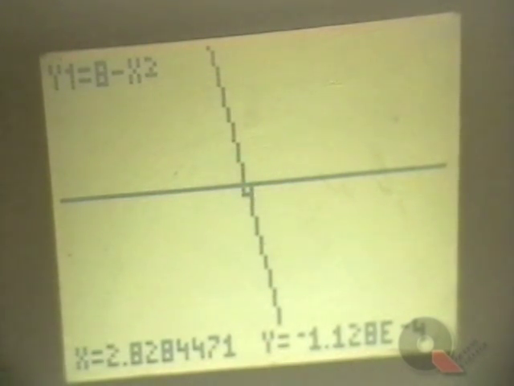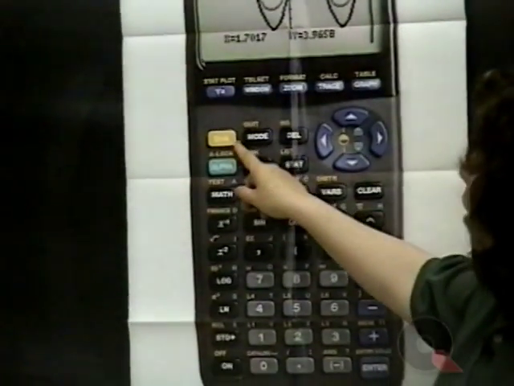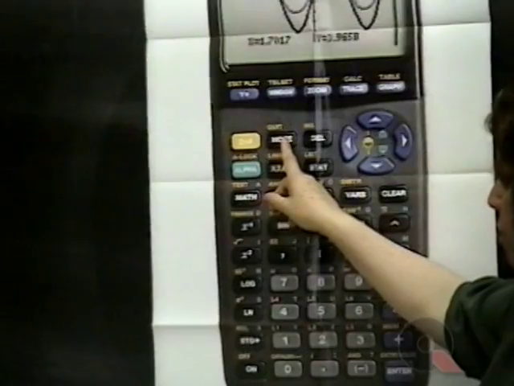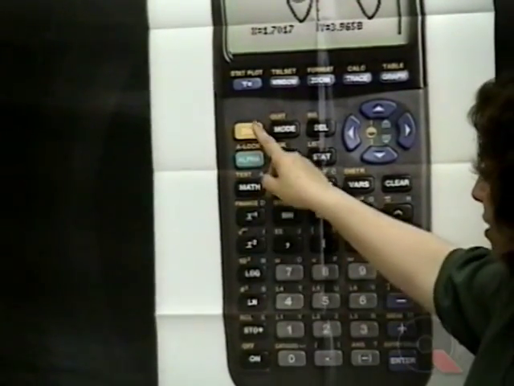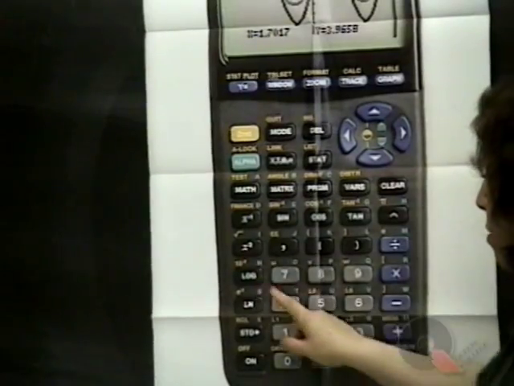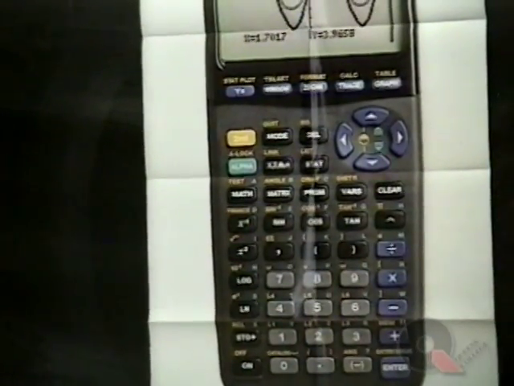Let's look down here. If I want to go back to the home page, I'm going to hit second and quit to get rid of this picture. And I'm going to hit second and this key to get the square root, and I'm going to put 8 in there. And then I'm going to close the parentheses to see what the square root of 8 is.